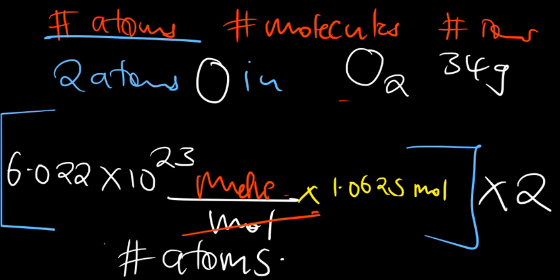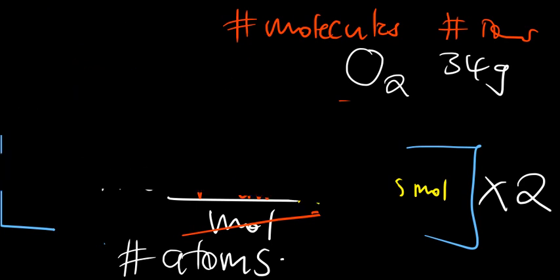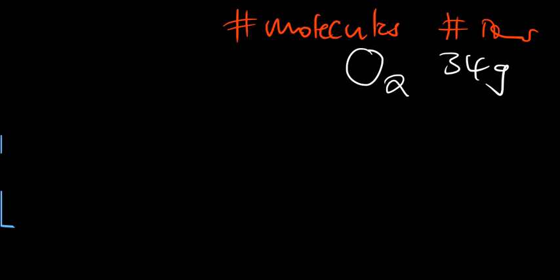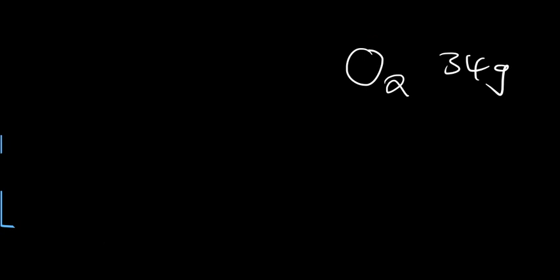Not really. Do you understand the difference between a molecule and an atom? Yes. What's the difference? The atom is the smallest particle. I don't want that definition. When I say what's the difference between O and O2?